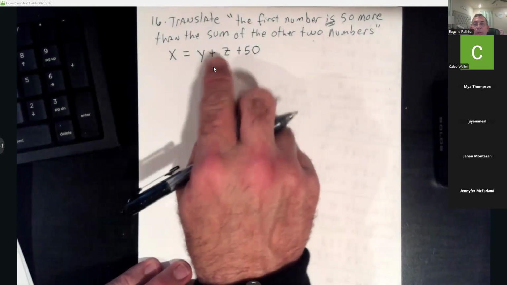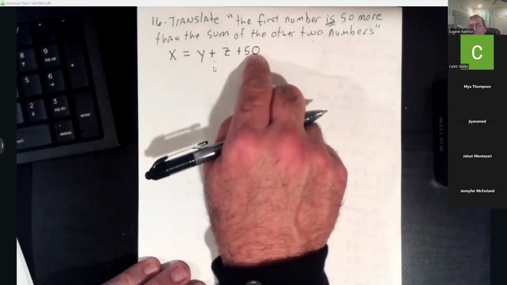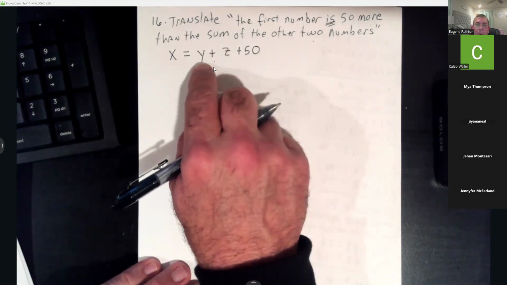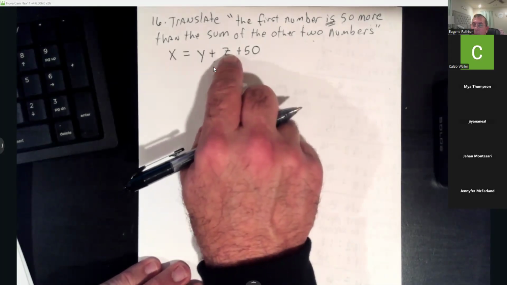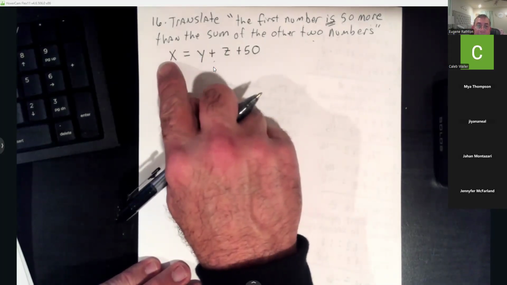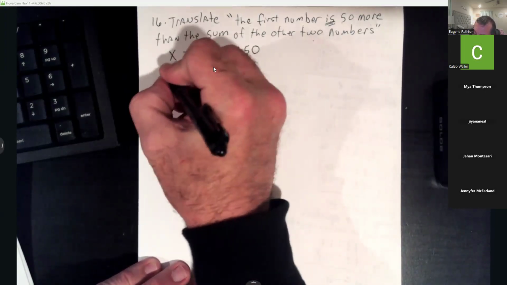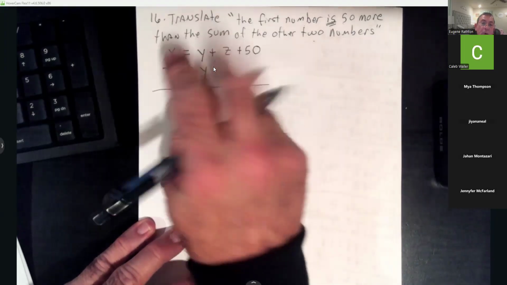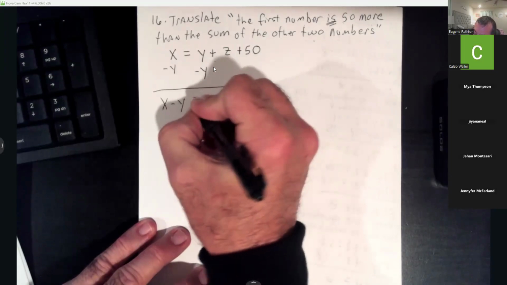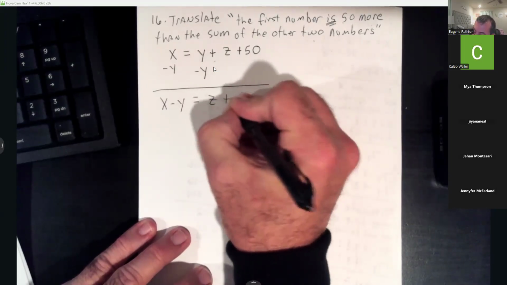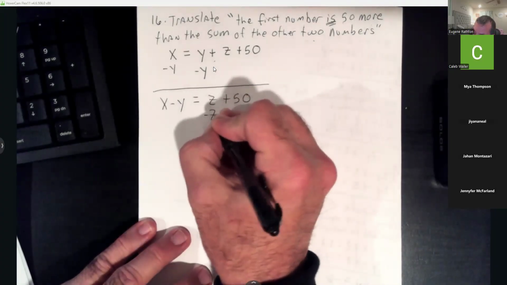Now the trick on this one is to get everything on one side equal to that 50. So if you're going to move the y over, you're going to subtract y from both sides. If you're going to move the z over, you're going to subtract z from both sides. So I'll just do it in steps. That'll give me x minus y equals z plus 50. Now move the z over by subtracting it.